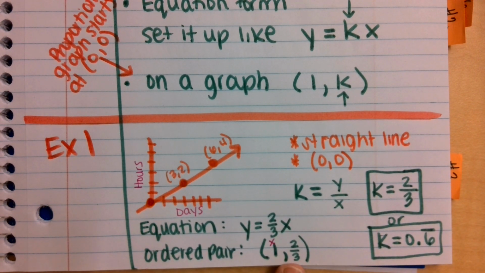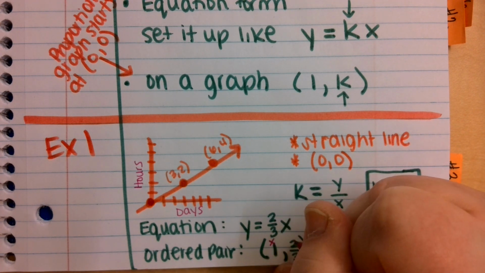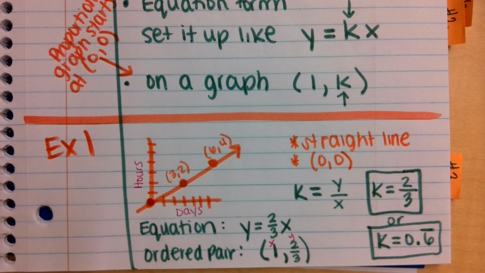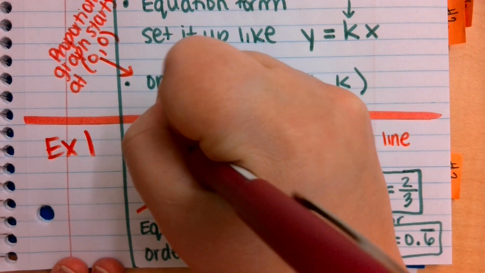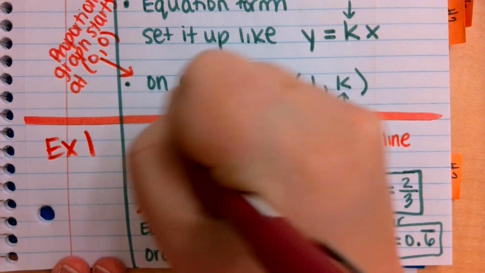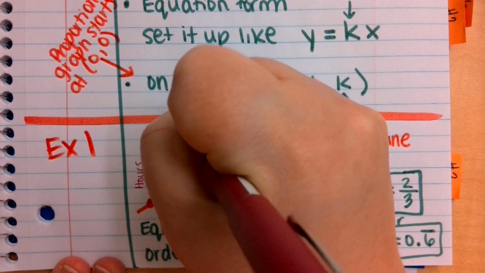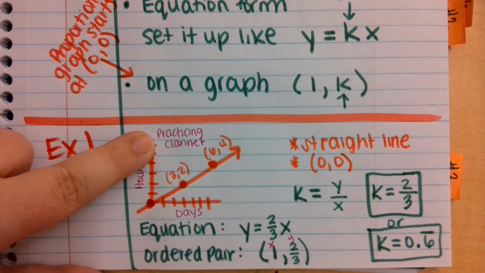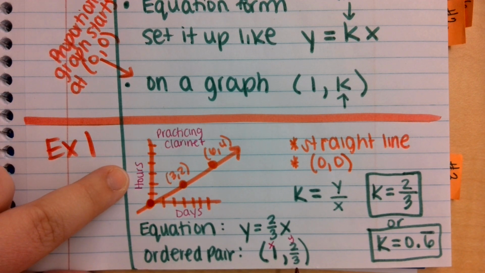In 1 day, whoever did this did it in 2/3 of an hour. So let's say this stands for practicing the clarinet. So in 1 day, I practiced the clarinet for 2/3 of an hour.